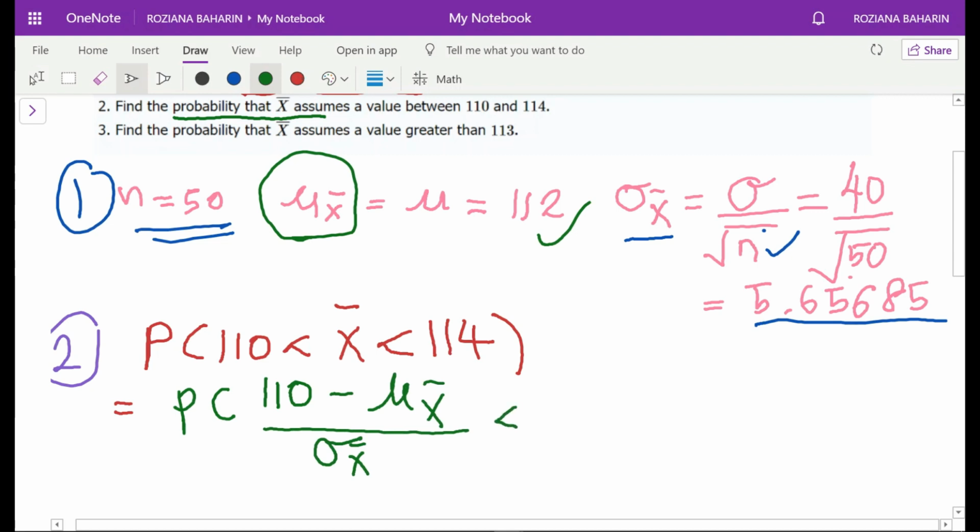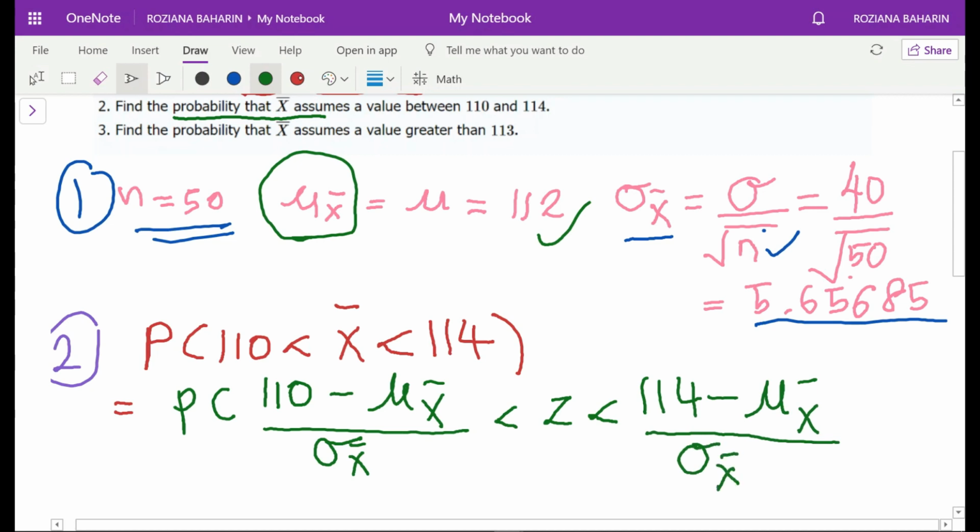In the middle is your Z, because we want to convert to Z. The next one is between 110 and 114, so 114 minus mu X bar divided by the standard deviation of your X bar, because we want to convert this probability into a Z value.